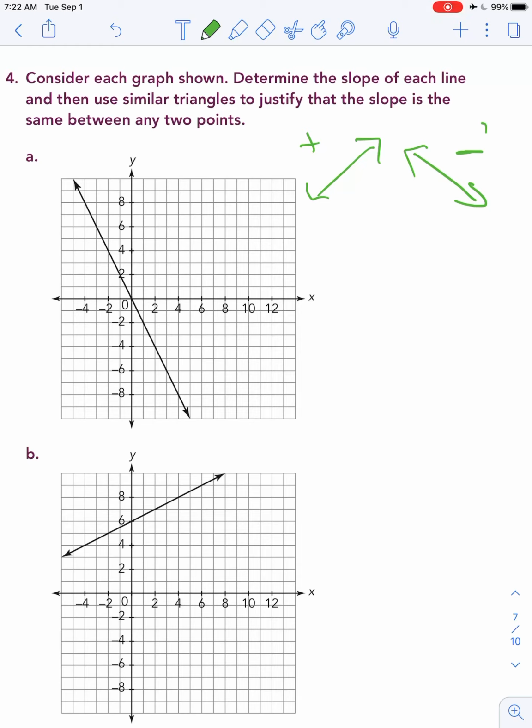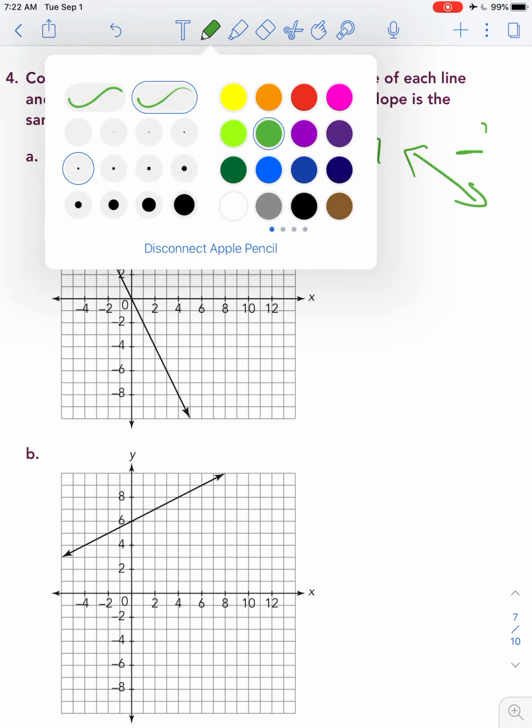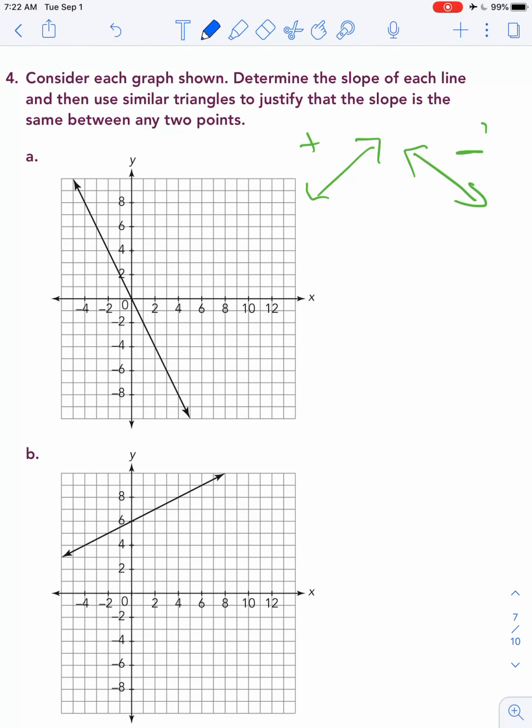We're not finding the equation of the line. So this slope is going to be negative, and this slope down here is going to be positive. Do I have to write that plus sign? No, I do not. So I'm going to take it away. I just wanted you to see it.